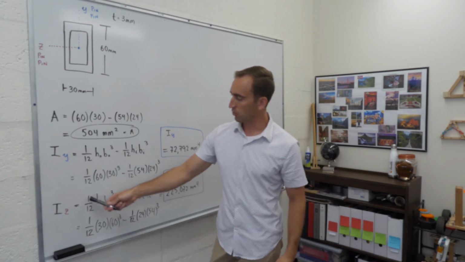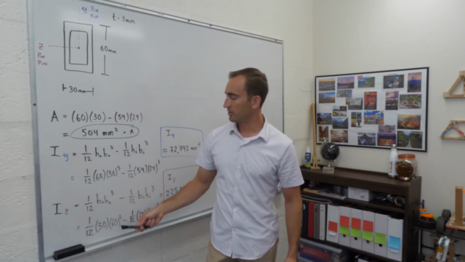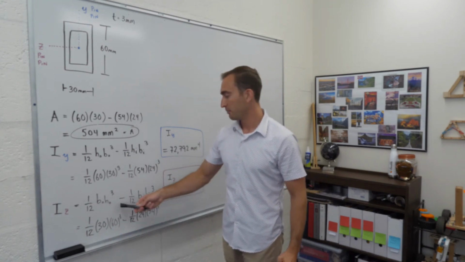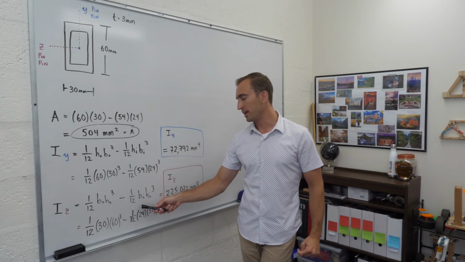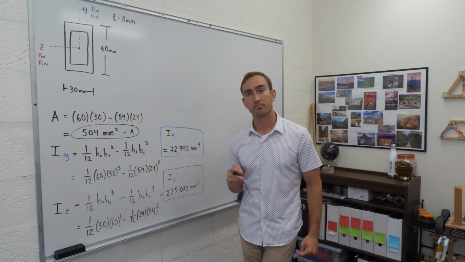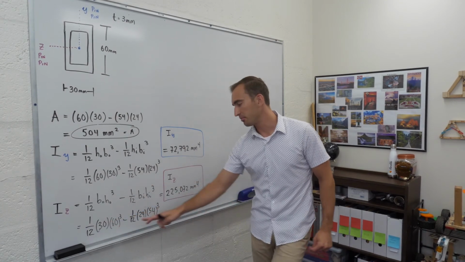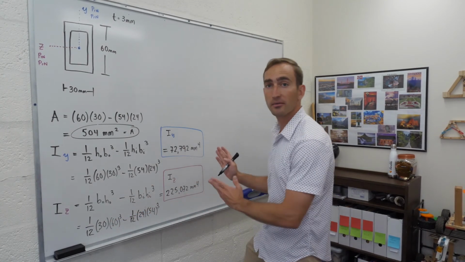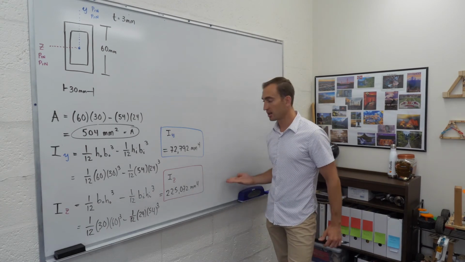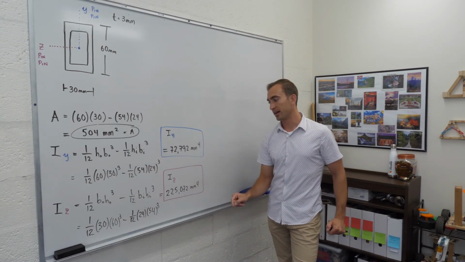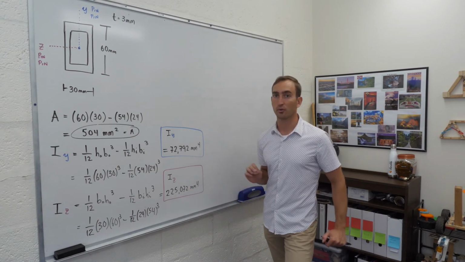So what we've got then is 1/12 the base outer dimension times the height outer cubed minus 1/12 the internal base times the internal height cubed. Plugging all of our numbers in, 1/12 30 times 60 cubed minus 1/12 24 times 54 cubed, we get a value of Iz is 275,072 millimeters to the fourth.